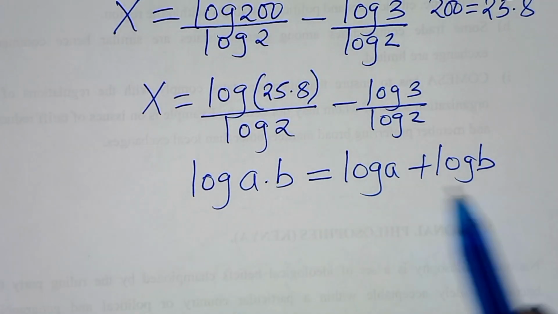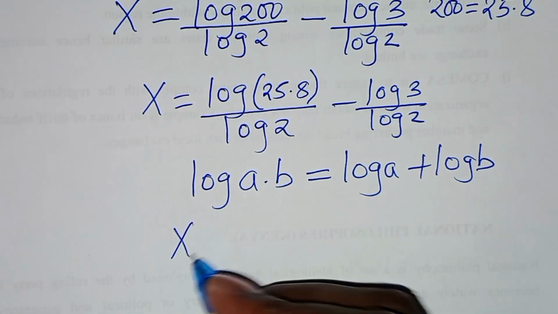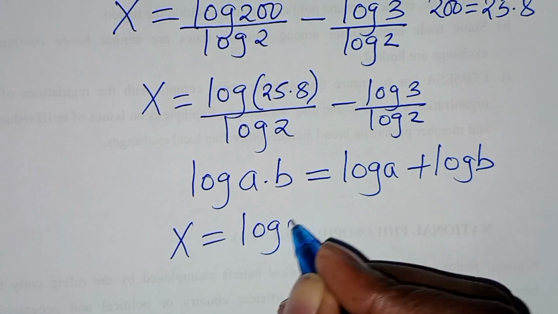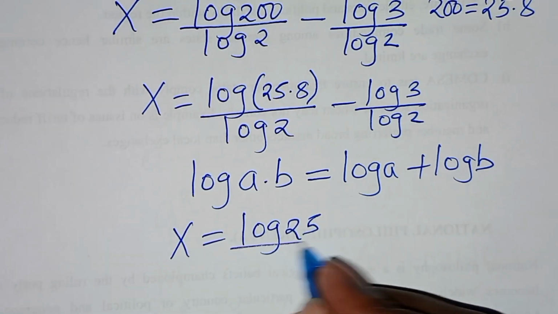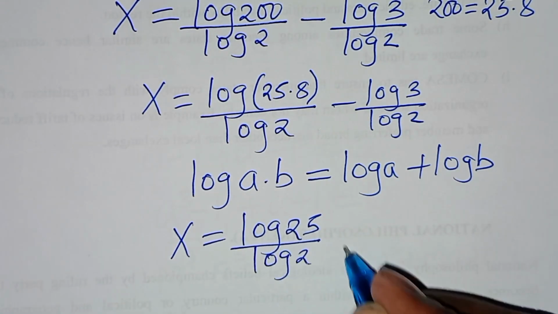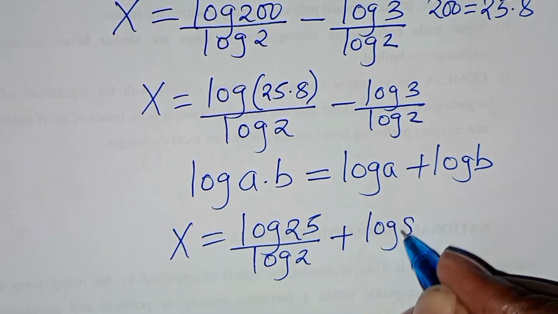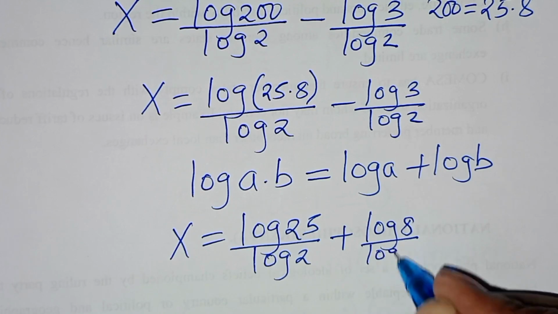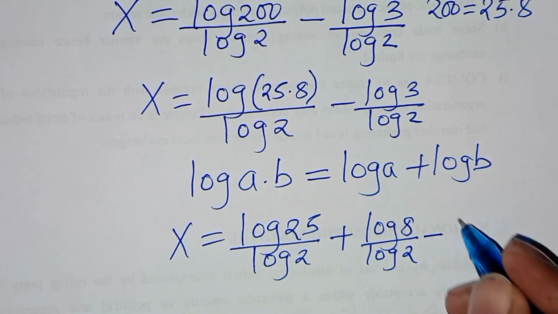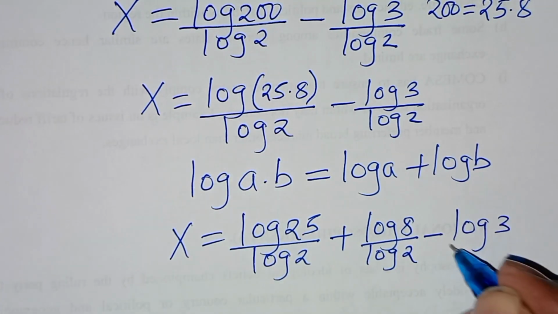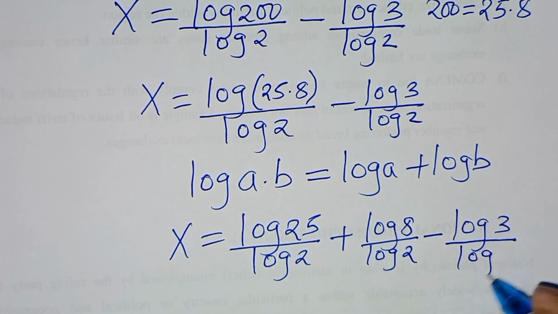So applying this property, then here we'll have x is equal to log 25 divided by log 2 plus log 8 divided by log 2. Then subtract log 3 divided by log 2.